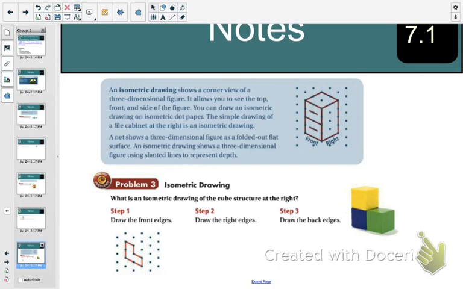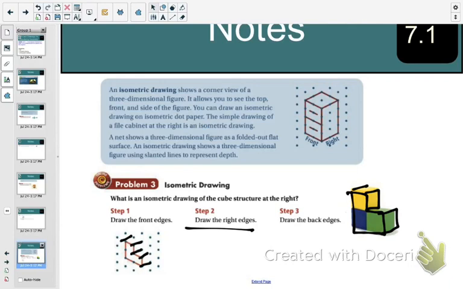So if you're drawing this structure over here at the right, first they drew the front edges, so drawing this part here. Next we want to draw the right edges. So what I would do is draw the right edges, basically these things here on the right side. We have to take all of these and draw them out diagonally.